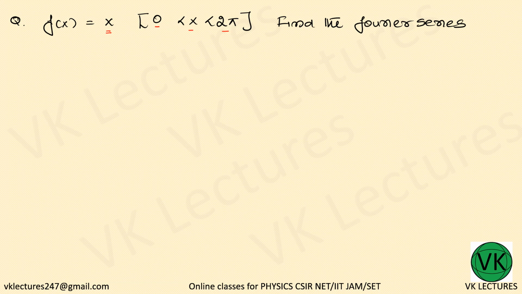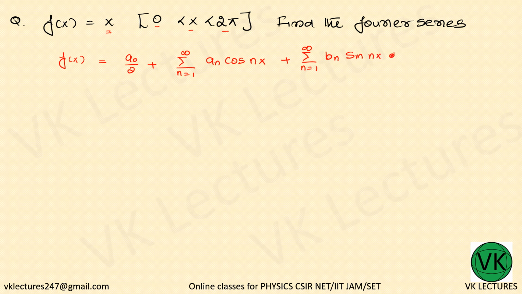Okay, now according to the formula, f of x can be written as a naught by 2 plus sum over n equal to 1 to infinity an cos nx plus sum over n equal to 1 to infinity bn sin nx.